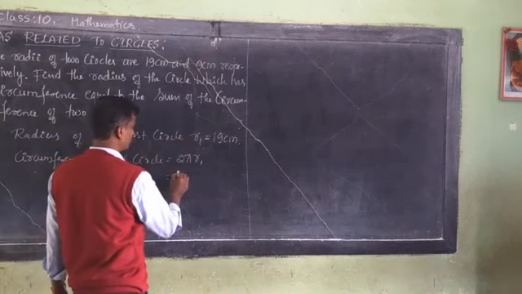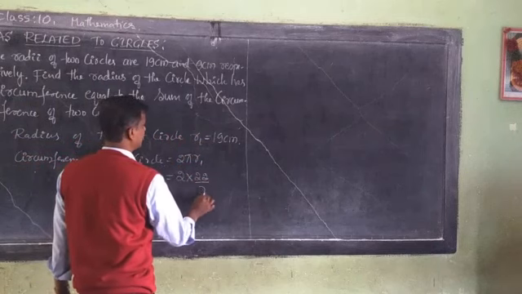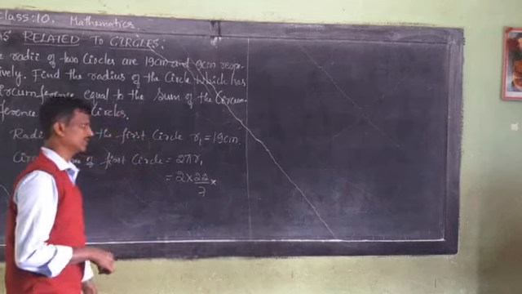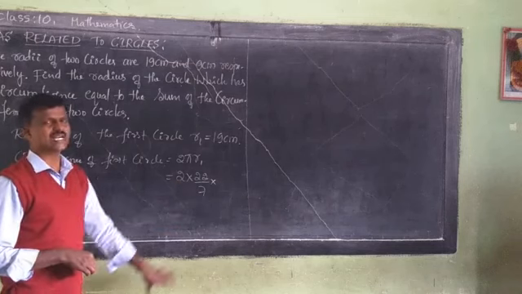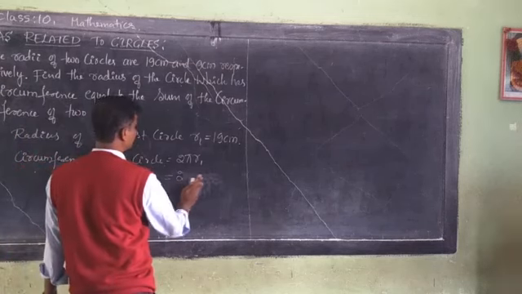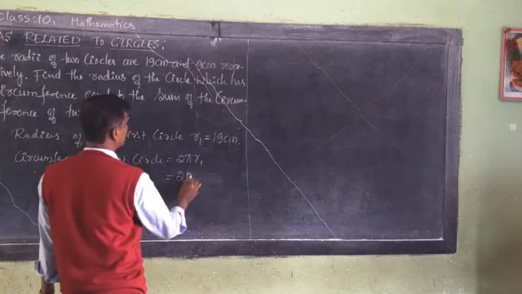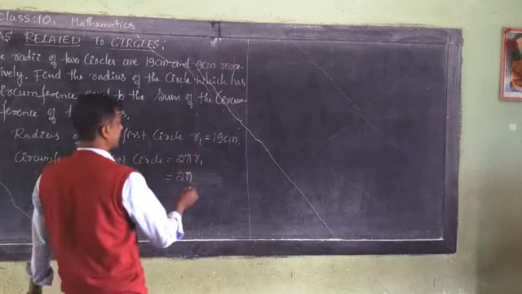That is equal to 2 into what is the value of pi? 22 by 7 into R1. Or we should keep the pi as it is. That is the easiest way. 2 pi into R1. What is R1? R1 is 19.